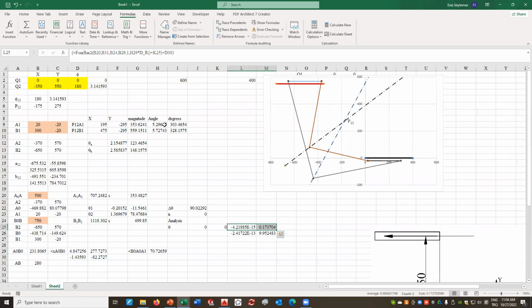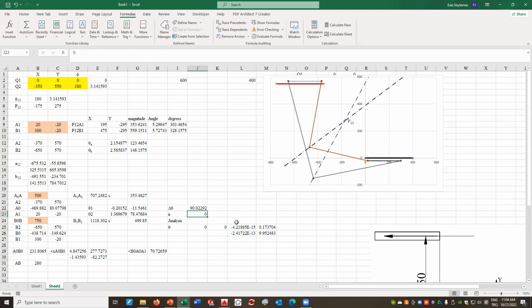Control Shift Enter. Now you have the correct angles for theta 1,3 and theta 1,4. Theta 1,4 is 9.95 degrees. Theta 1,3 is 10 to the minus 15, which as far as I'm concerned is 0. Do you agree?